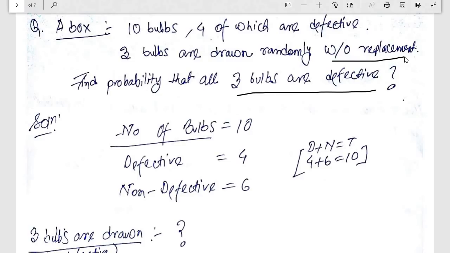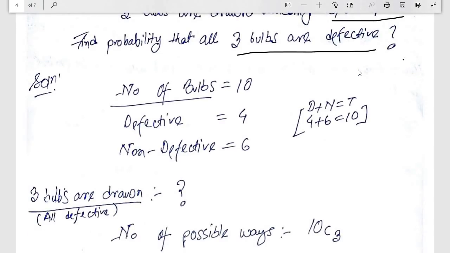What we have to observe here is that it is without replacement. Usually what we study is the probability with replacement, in which the object drawn in one event is replaced back. It does not impact the size of the sample. I'm very sorry, I think I spoke about probability with replacement first.